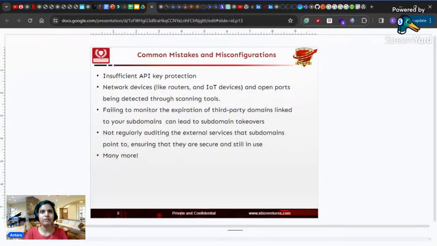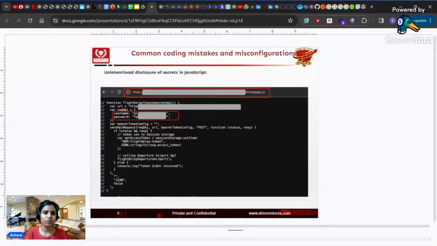Do they have any connection or interlinkage to other services, like third party services? Monitoring and auditing those is one of the crucial activities that one needs to have in place. And there are many more that fall under this criteria of common mistakes and misconfigurations that could lead to other focused attacks, I would say.